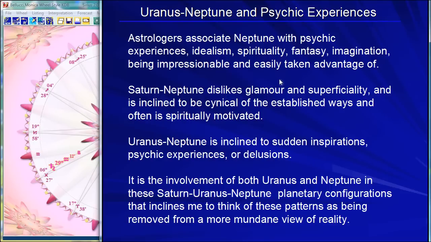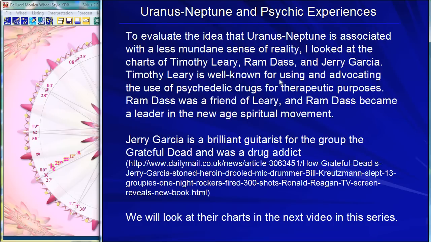So if we take the most extreme Uranus-Neptune people we can think of, three people that occurred to me are Timothy Leary, who made a career out of psychedelic drugs, you could say. His friend Ram Dass, who also was involved with this whole psychedelic drug experience, and then went on a more spiritual path, or less drug emphasis, and more of a disciplined activity.